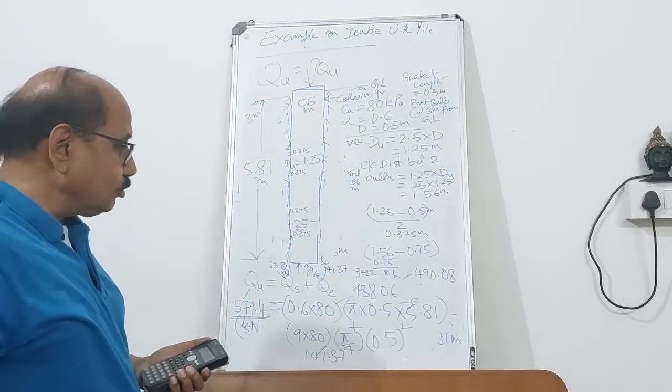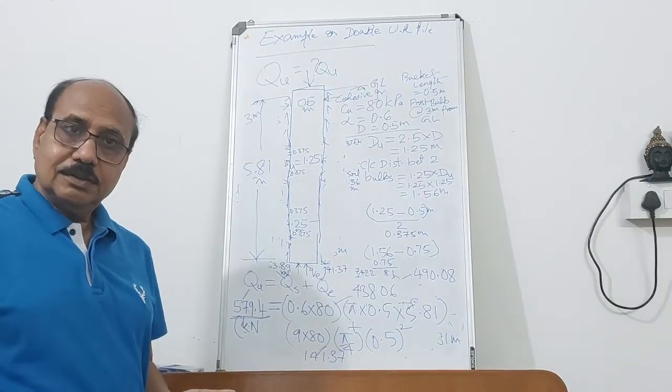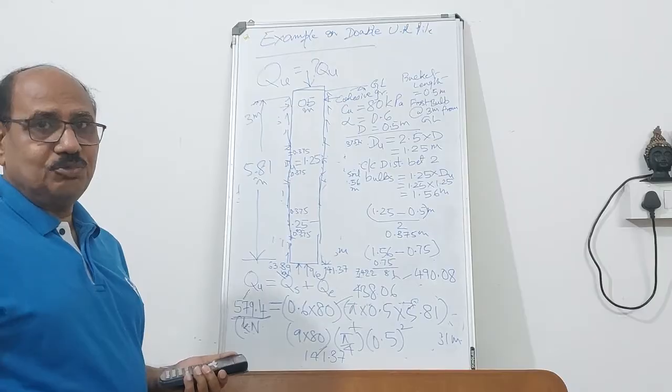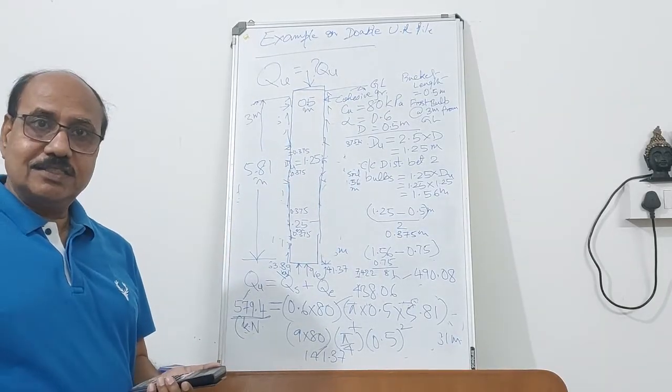So that was 1600. This is only 547, so about 3 times more. So that's the great contribution which the double under-ream pile provides.